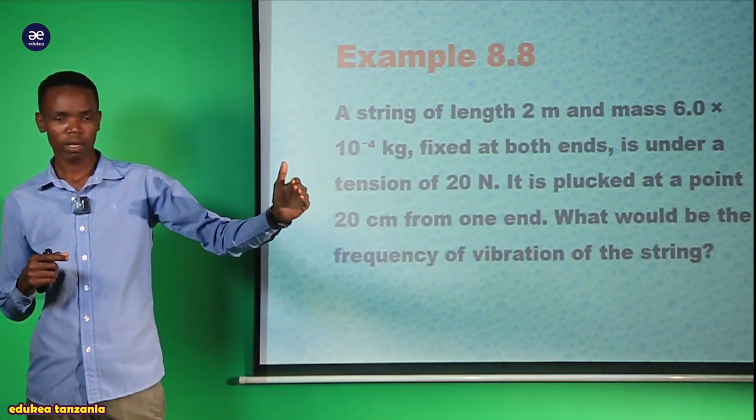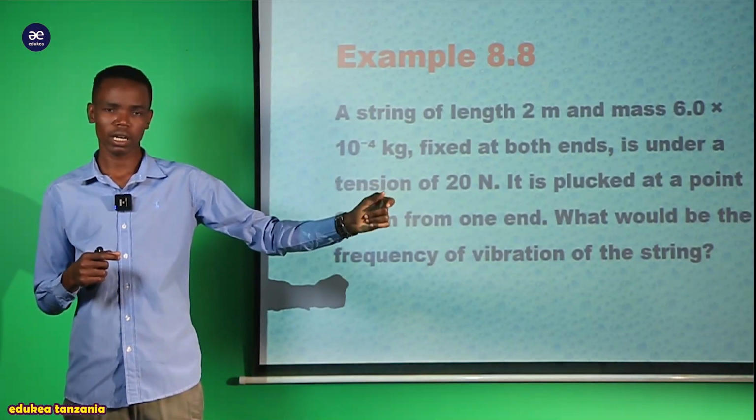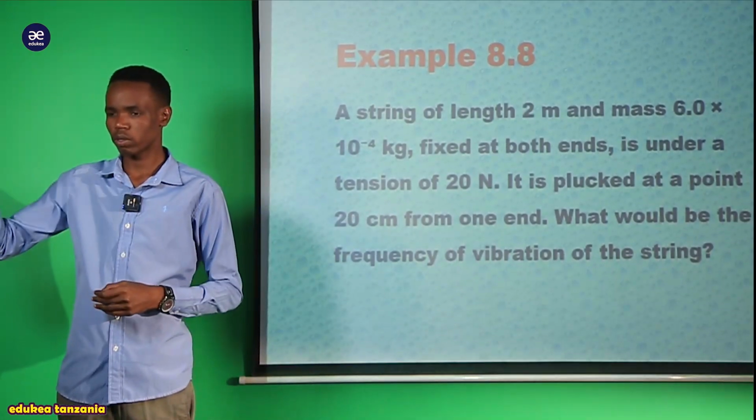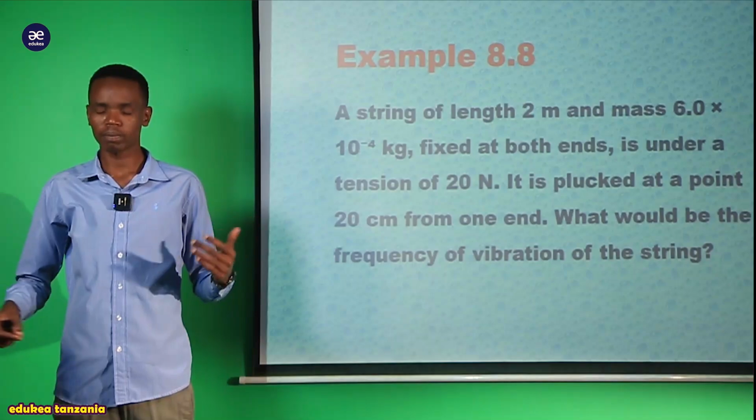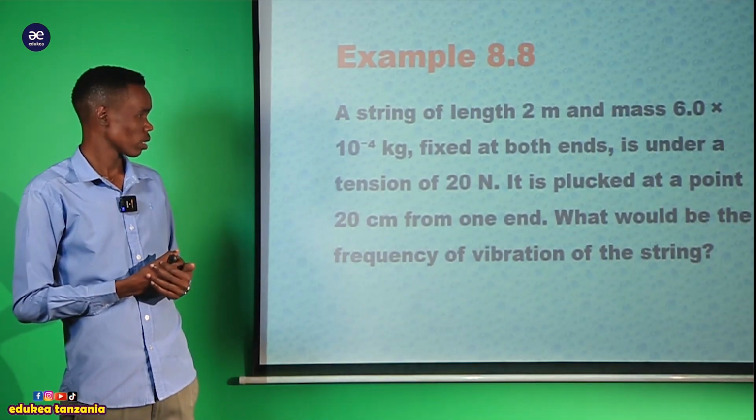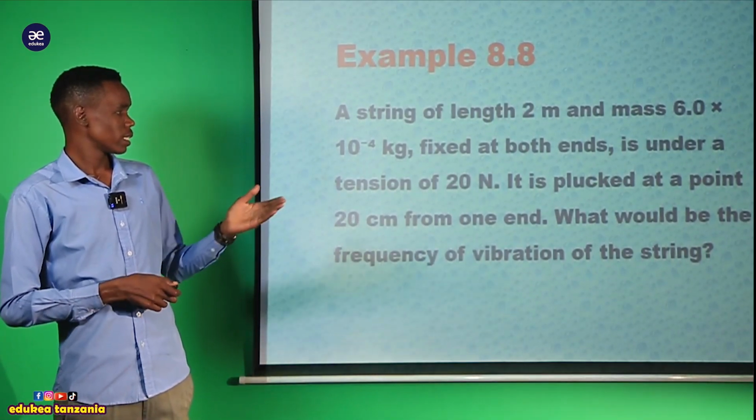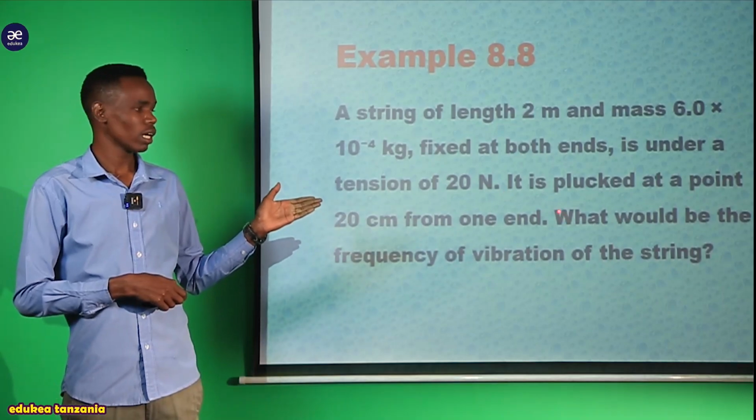The string is fixed at the first end and also at the second end, as we have been told here, my dear students. It is under a tension of 20 Newton.